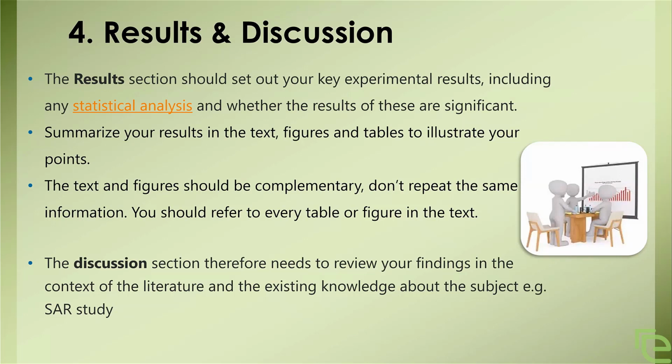The next is the text and figures should be complementary. Don't repeat the same information. You should refer to every table or figure in the text. So what does it mean? It means that if, for example, I have conducted and I have found out some of the percent inhibition and then the IC50 values of my compounds.